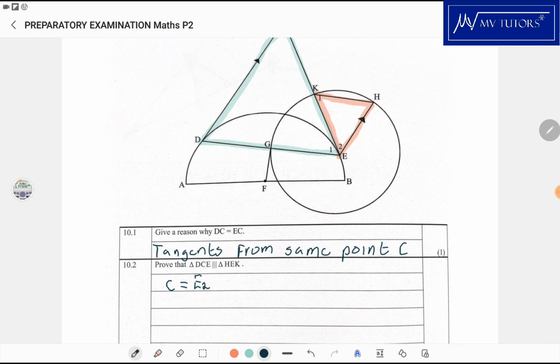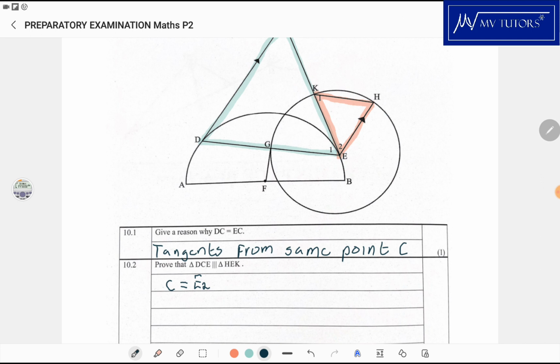Now let's go back and look at the relationship between D and E. Is there a relationship that's obvious? D and E, there's no obvious relationship. What about the last one, E and K? There's no obvious relationship there. It would have been nicer if DE was parallel to KH, but it's not. But there are other tricks that we can employ.